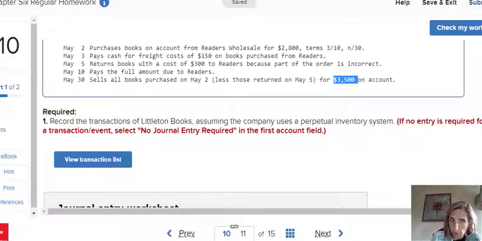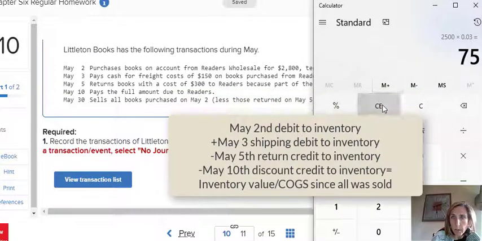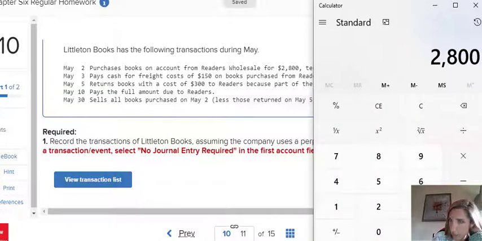The next journal entry has to be you recording the value of your inventory when it went off your shelf. So the debit to cost of goods sold and the credit to inventory. What I want to do on my calculator real quick is show you what the value of my inventory says. First, we purchased inventory, so we debited it for $2,800. And then we paid shipping cost. We debited inventory there. So I'm going to add that cost in. Then we returned $300 worth of merchandise on the 5th of May.